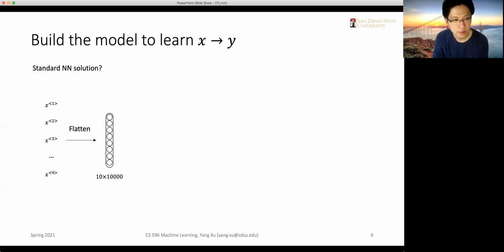For example, we know that the first input vector is 10K, it has 10K elements in it. The second one is also 10K.